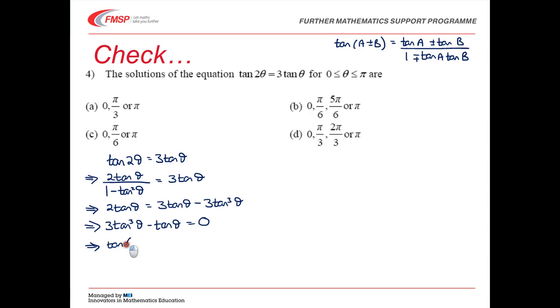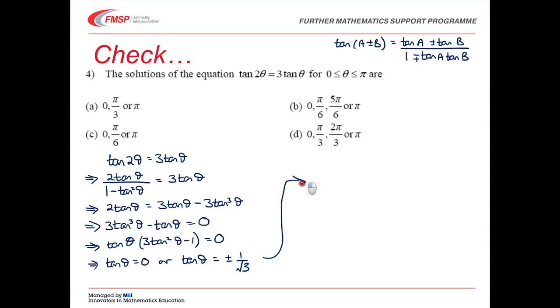Take it out as a factor, tan theta brackets 3 tan squared theta minus 1 equals 0. And that gives us that either tan theta is 0 or tan theta is plus or minus 1 over root 3, depending on which of those brackets is 0. And from those we get 4 solutions.